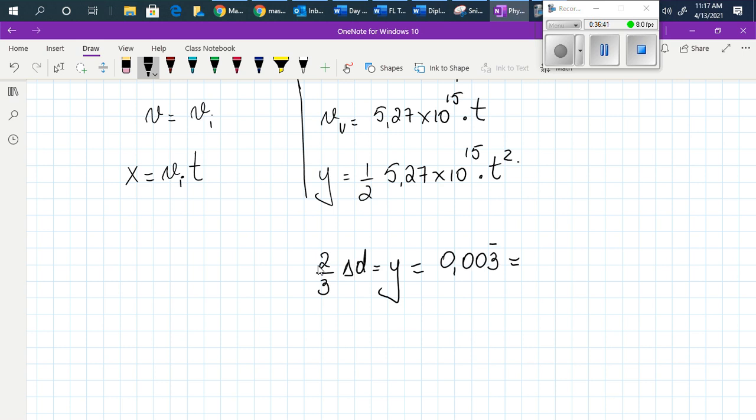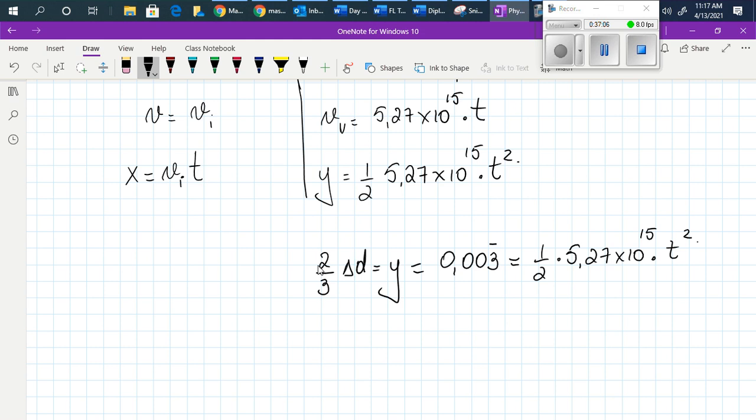0.003 repeating is equal to 1 over 2 times 5.27 times 10 to the 15 times t to the power of 2. You will start with this, which is the non-uniform motion. So the first principle that you will use will be the non-uniform motion.